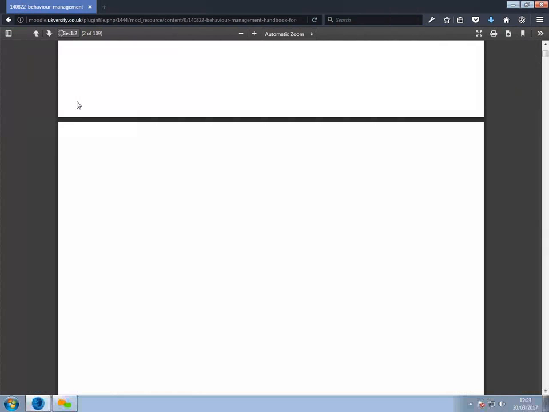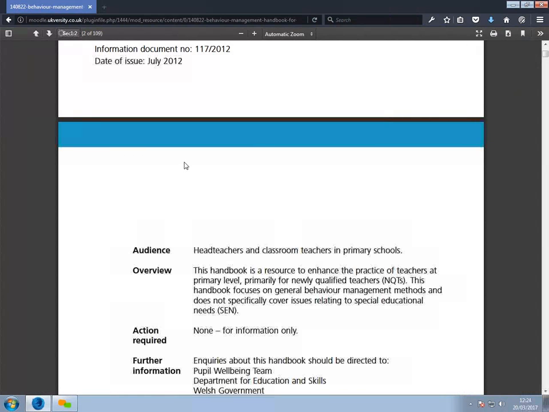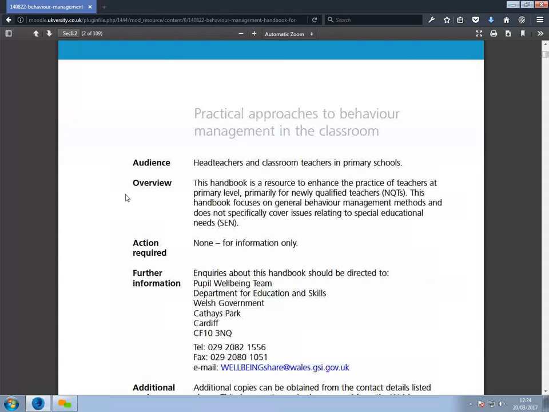The material here in this e-book you may find useful for future reference. Primary schools, it's practical approaches to behaviour management in the classroom.